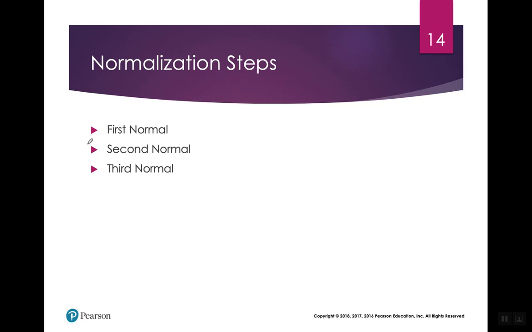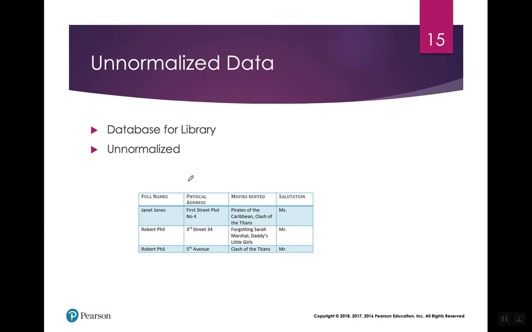So we talked about the normalization steps: first normal form, second normal form, third normal form. First normal form starts from unnormalized data. We'll take a whole bunch of data here. This would be in an unnormalized form. You'll see things like name, address, movies rented, and you'll see multiple entries, multiple movies, all of the data in one row.